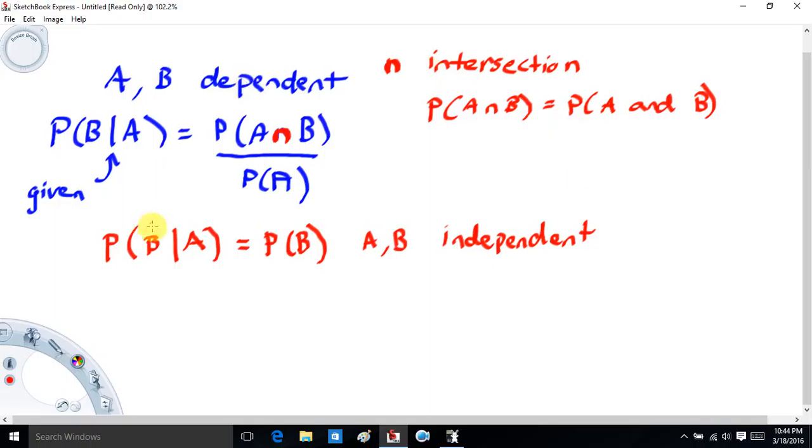Because, again, given that A occurs has no effect on the outcome of B.